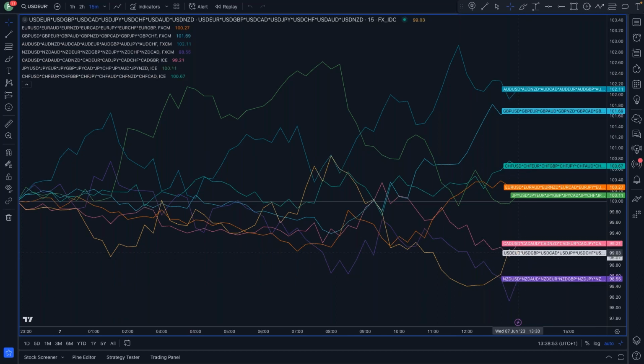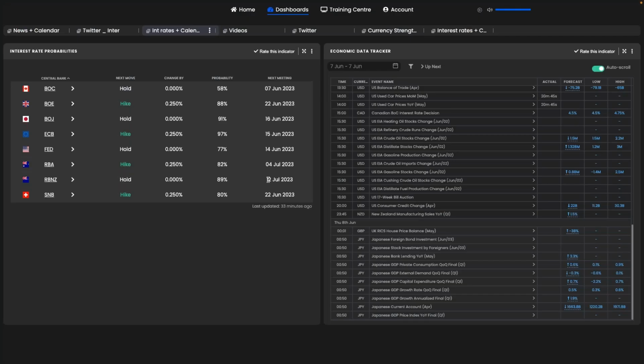If I saw reasons for CAD weakness, I'd want to pair it against a stronger currency, so I'd want to pair it against the Aussie. So straight away, I've got two currency pairs that I'm looking at: one, US dollar CAD, two, Aussie CAD.